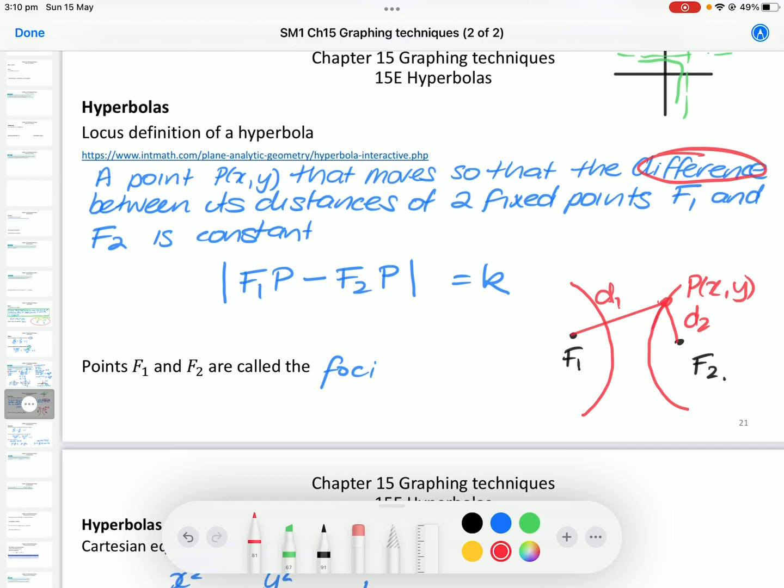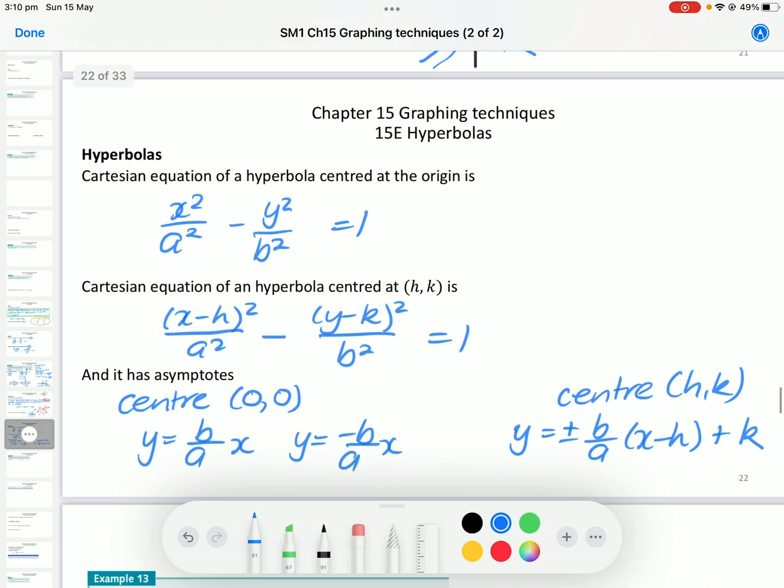So that point just moves around here following that rule. So when we see it on a graph, it looks like this, where we have two asymptotes, but the asymptotes look like that, and the hyperbolas look like that, which gives us that shape there.